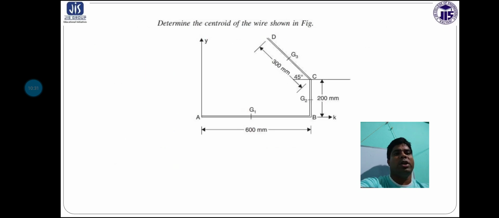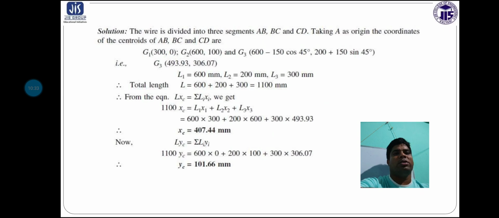Taking A as the origin, the centroids of AB, BC and CD are G1 (300, 0), G2 (600, 100) and G3 (600 minus 150 cos 45 degree, 200 plus 150 sin 45 degree), so G3 is (493.93, 306.03).